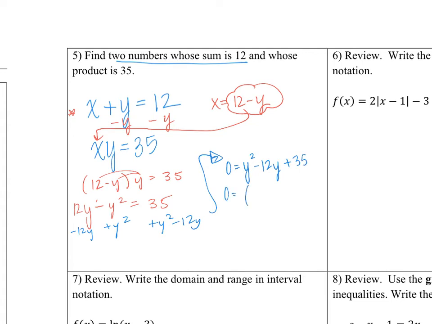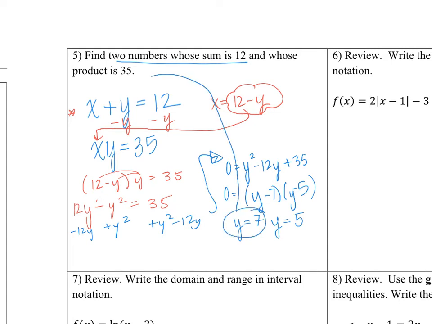By factoring, let's see, 7 and 5 make 35. They're both negative, that'll make a negative 12. So that means y equals 7 and y equals 5. Now if y is the number 7, let's see what x would need to be. If y is 7, we're looking at x plus 7 equals 12, so then x is 5.